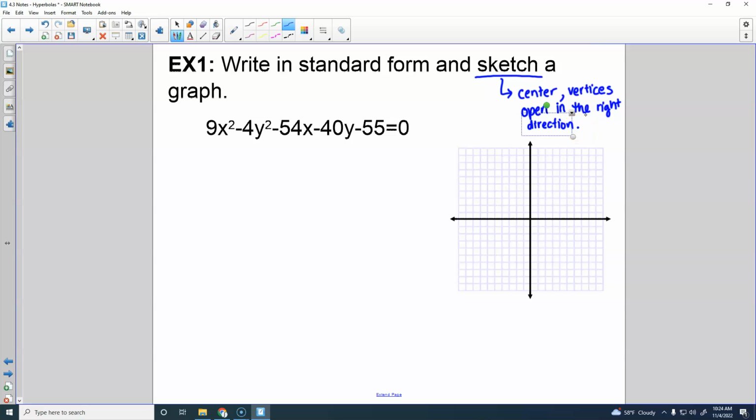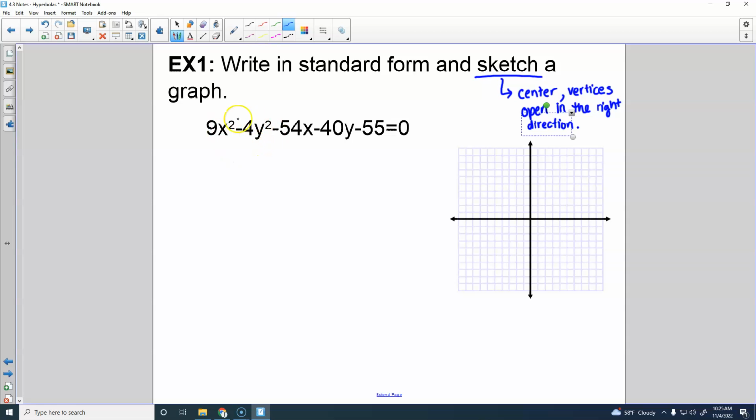light version of hyperbolas. So, if I look at my equation here, can anybody tell me if this is going to open left and right or up and down? Left and right. How do we know? The y squared is negative. Okay?